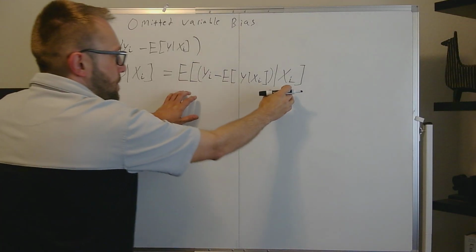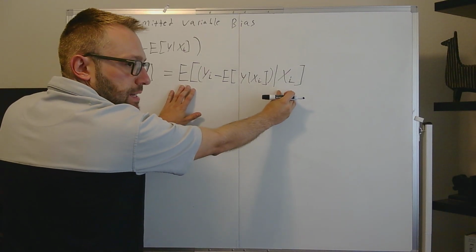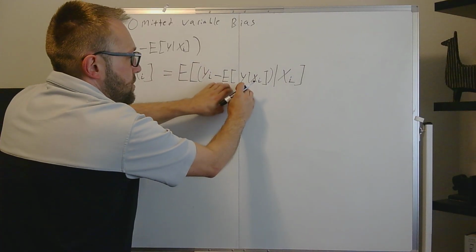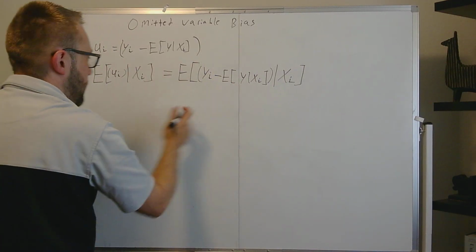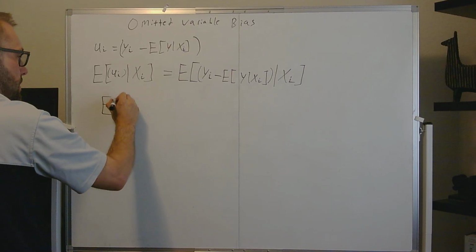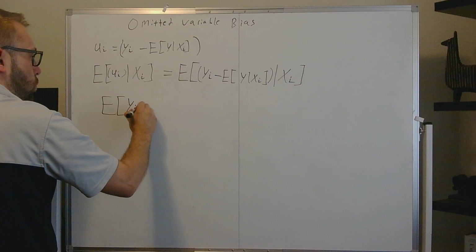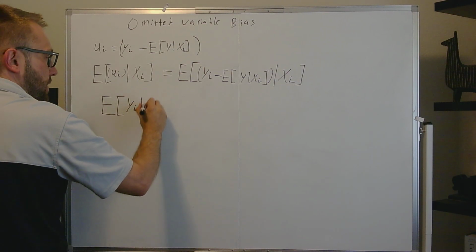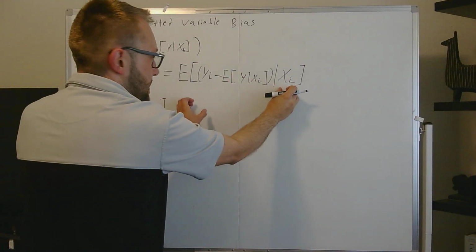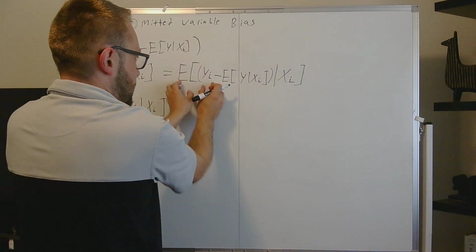So I'm going to distribute the expectation given xi, because that's basically what's being distributed into the parentheses here. And we're going to split those terms. So that's all that's going on. That would be saying the expectation of yi given xi. So that's this and then this, just attaching.